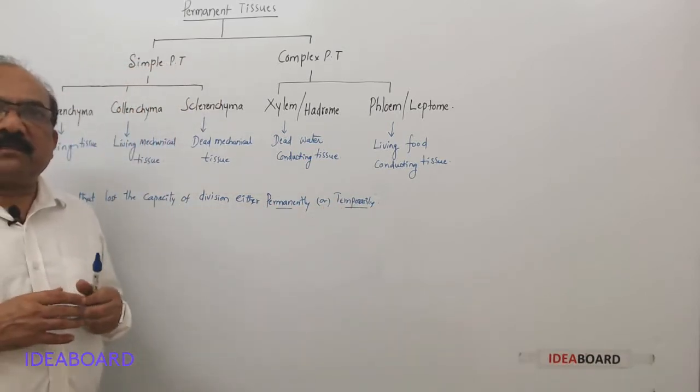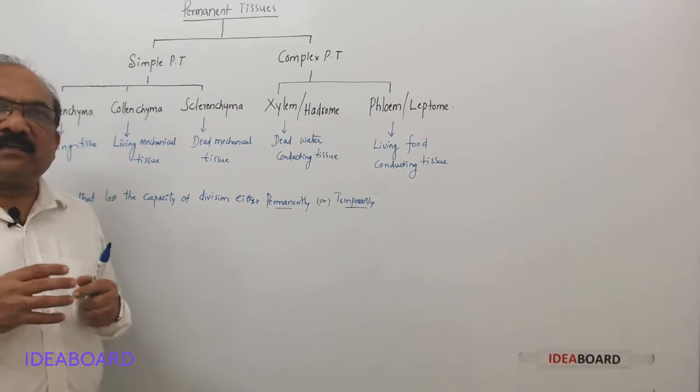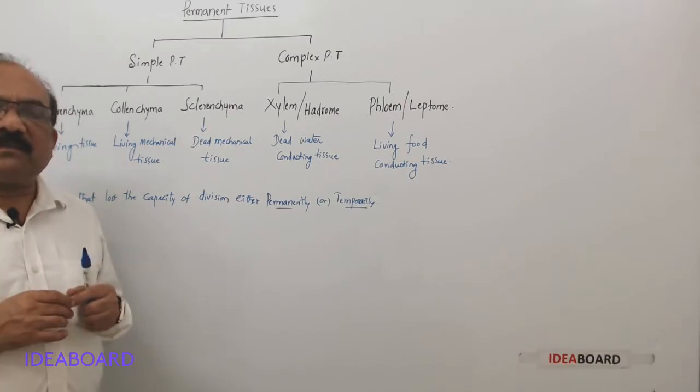We know that whenever meristematic cells divide mitotically, two daughter cells are formed.